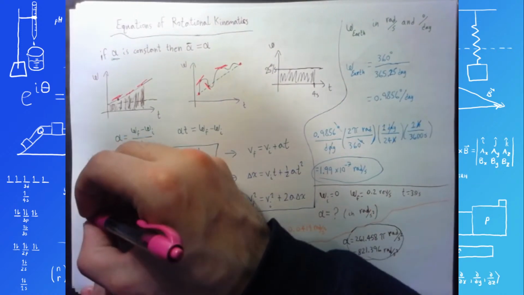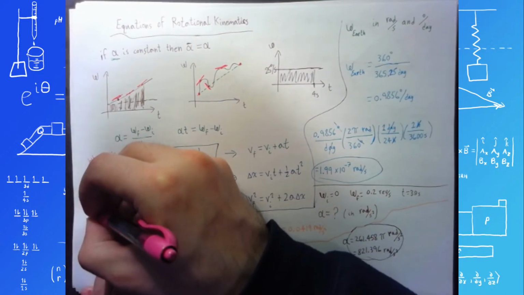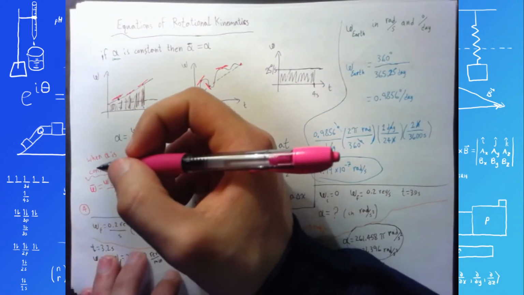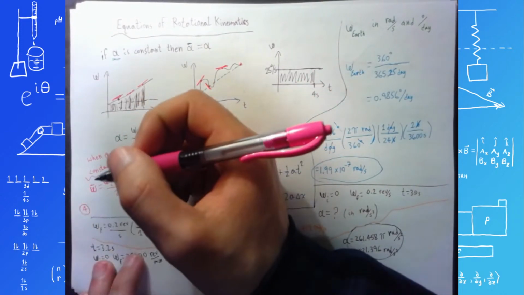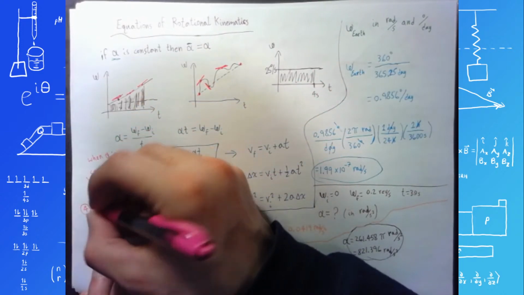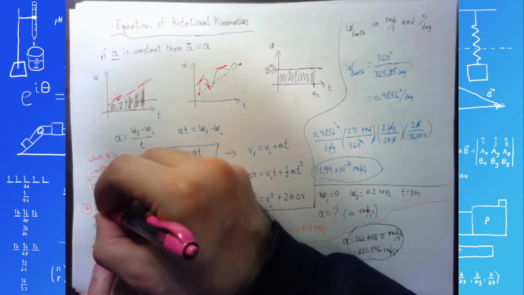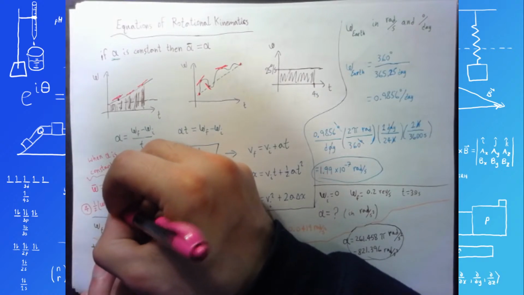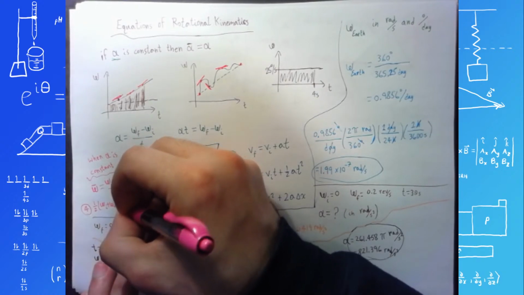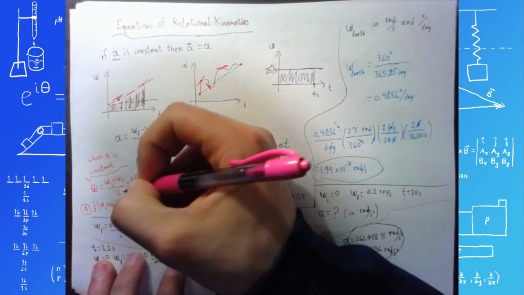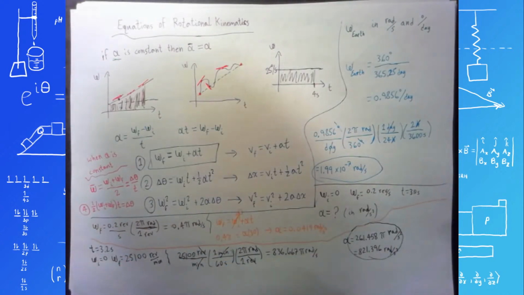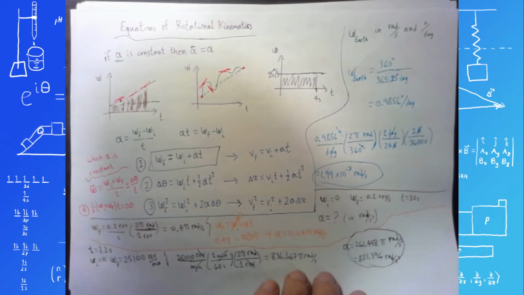So my fourth kinematics equation that I could use when I don't know alpha is 1/2 (omega initial plus omega final) times t equals delta theta. That is something I could do.